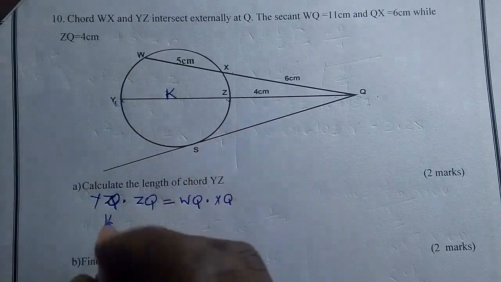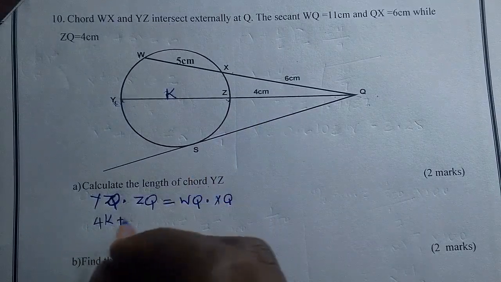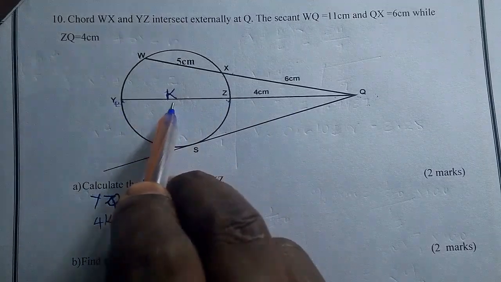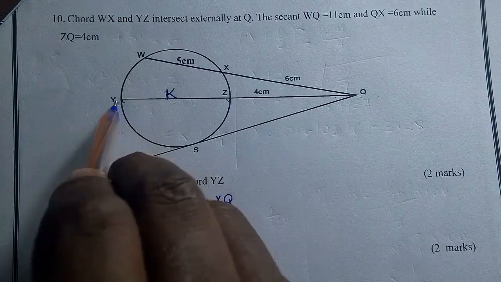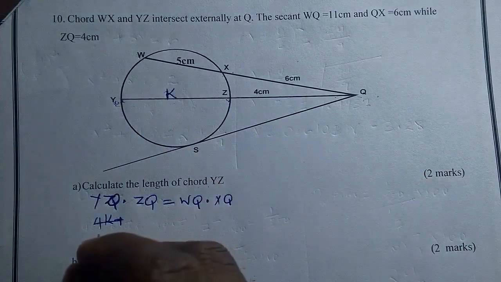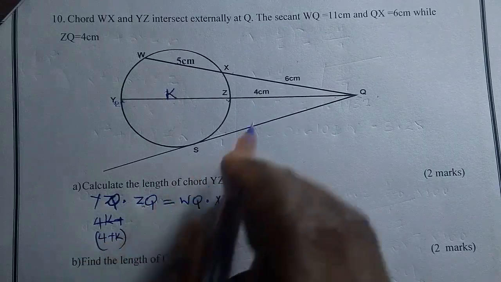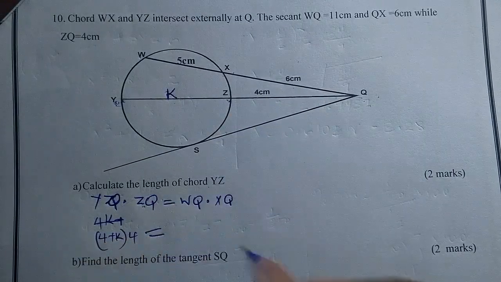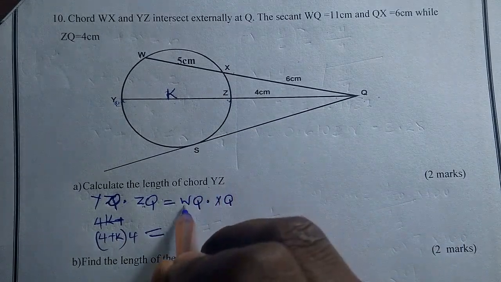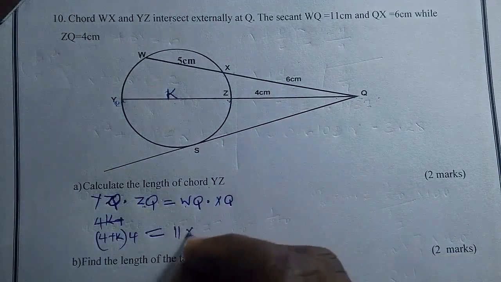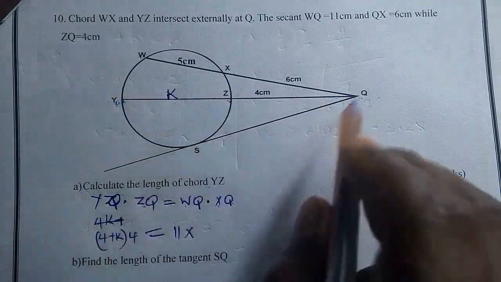From here up to here is 4 plus K, then multiply with ZQ, which is 4, is equal to WQ is 11 times XQ, which is 6.